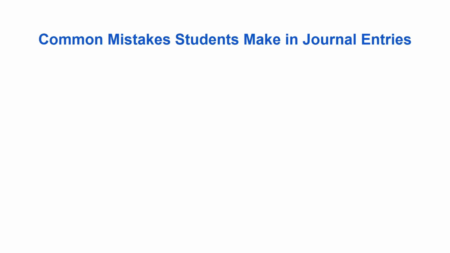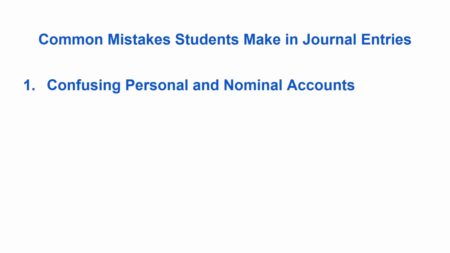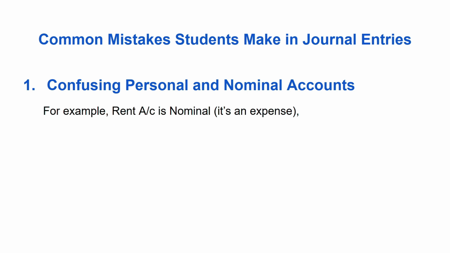Before we wrap up, let's look at some of the common mistakes students make while passing journal entries and how to avoid them. These small errors can completely change the meaning of a transaction. First, confusing personal and nominal accounts. Students often confuse whether to treat something as personal or nominal.